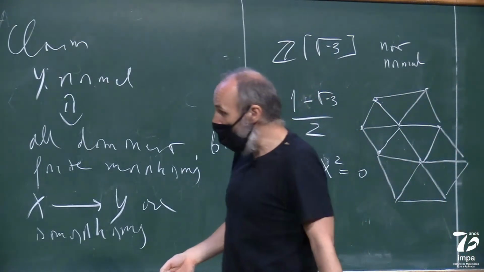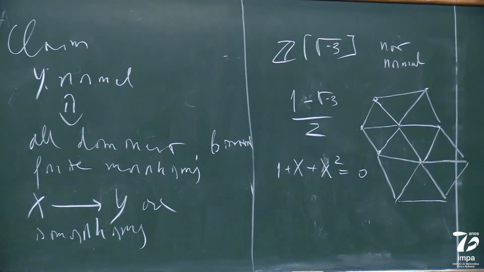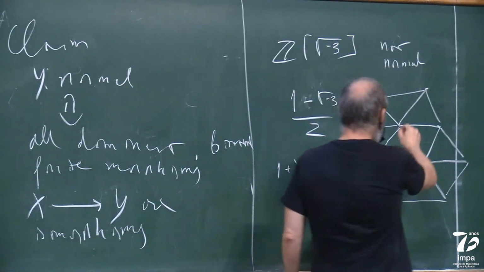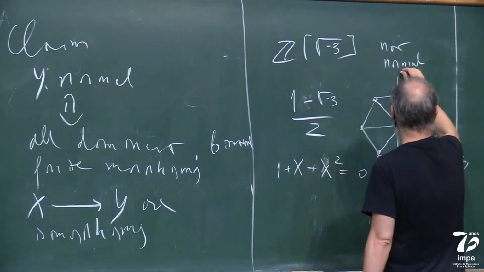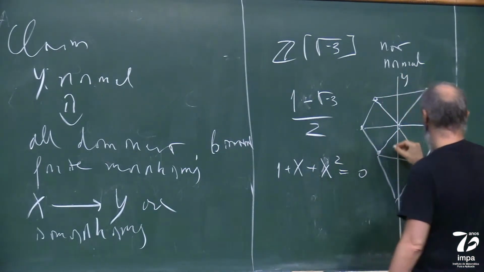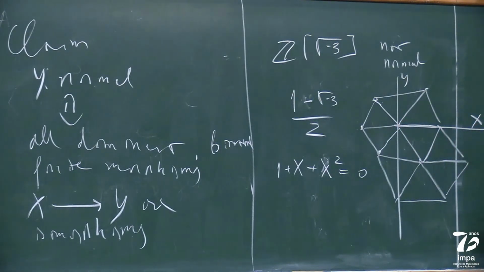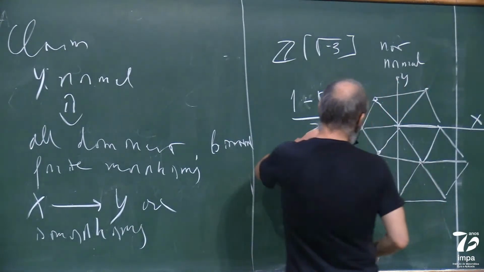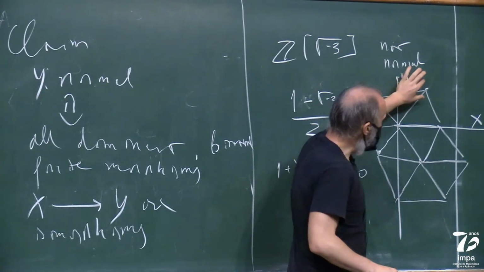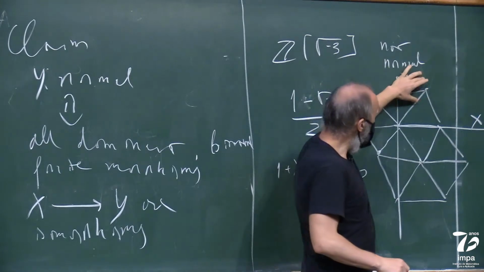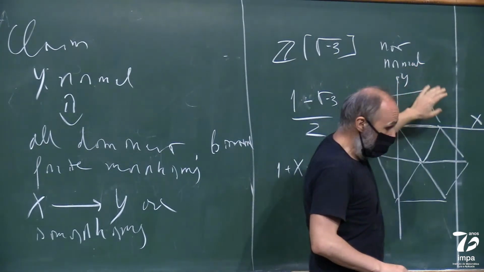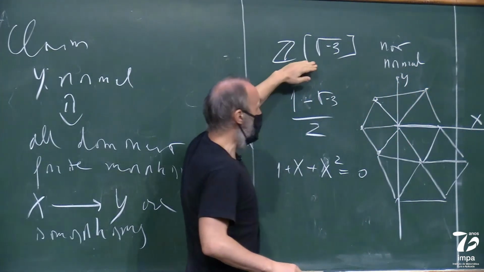And since it's Euclidean, by the same argument as proves uniqueness of prime decomposition for Z, you have uniqueness of prime decomposition for this ring. And then if you just erase every second vertex, you will come to this ring.